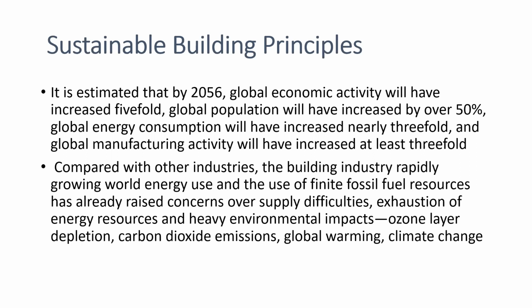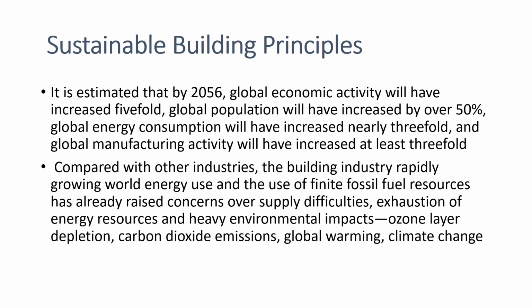So when we discuss sustainable building principles, it has been estimated that by 2056, global economic activity will be increased by fivefold, in the sense of 5 times as now. And the global population will increase by over 50%. So if we have 100 people now, by 2056 it will be 150 people.